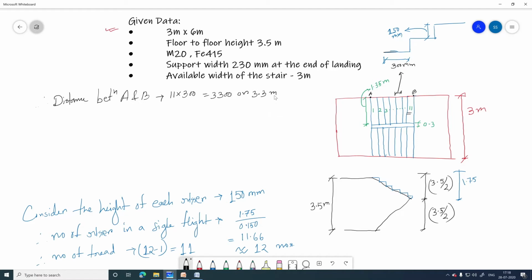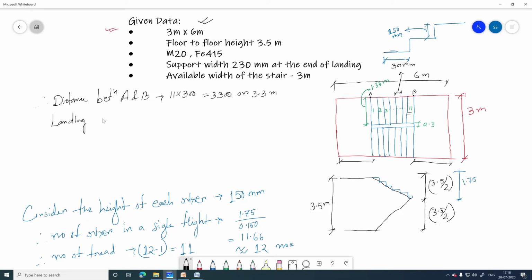So what will be the value? That means what will be the length of the landing? That will be the remaining portion, this portion, for both of these two sides. Okay. So the remaining portion, we know the total length, that means the total length from here to here is given as 6 meter, right. So this is 6 meter. So what will be the value of these two portions?